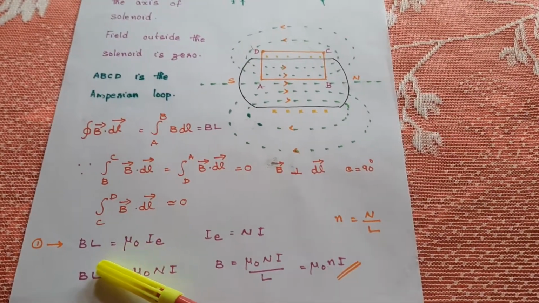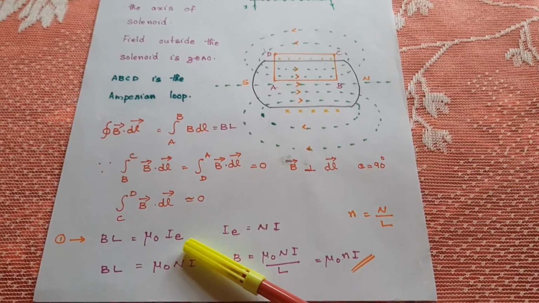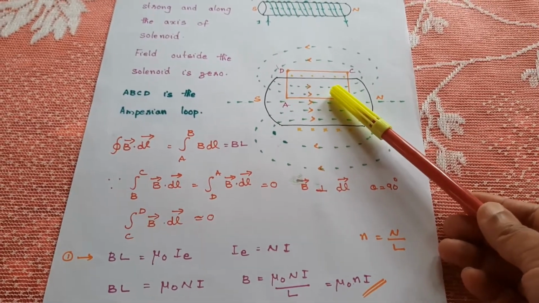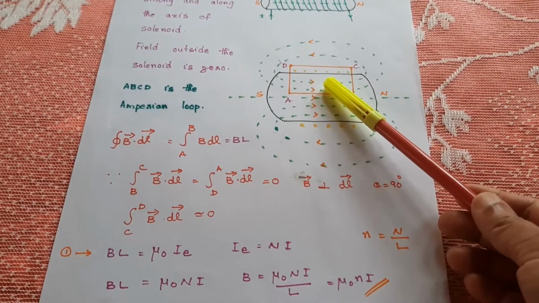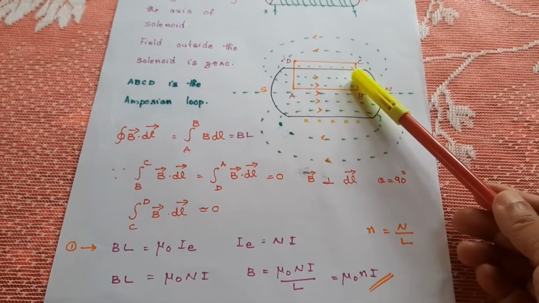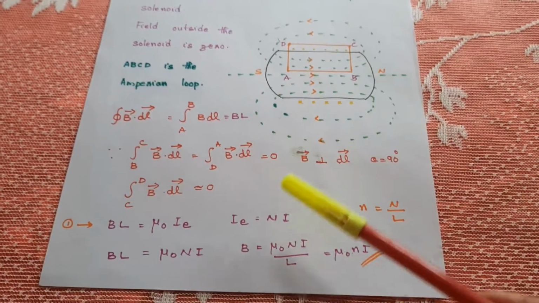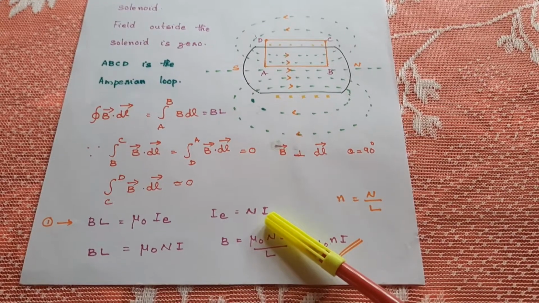So let us write BL is equal to mu 0 IE. The enclosed current through the rectangular path is N times I, where N is the number of turns enclosed by the rectangle. So IE is equal to NI.